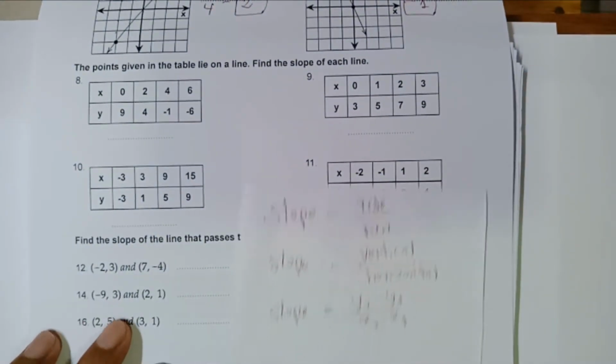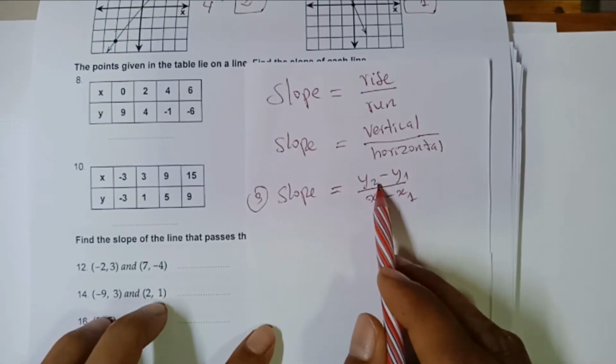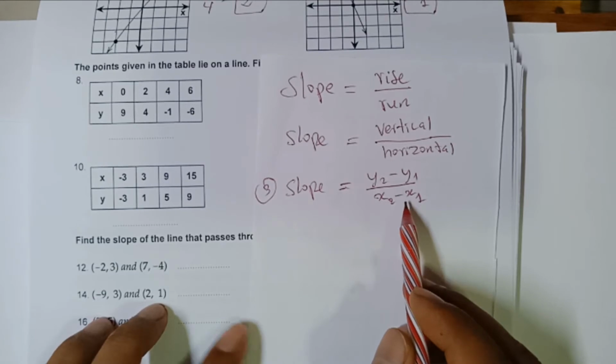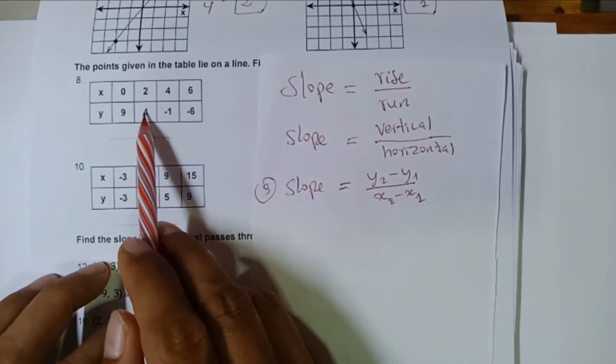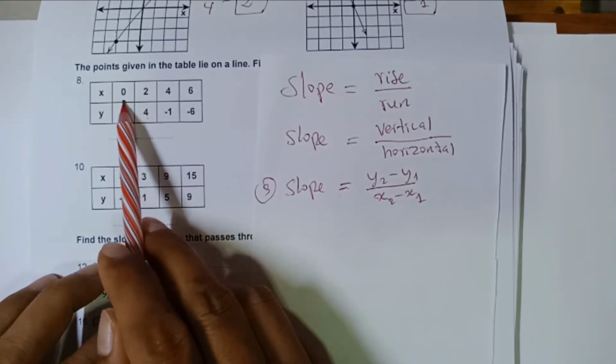Number 8. In number 8, we will apply the third formula, which is y sub 2 minus y sub 1 over x sub 2 minus x sub 1. Let's work on the y value first. This is the first, this is the second; the first x, second x.